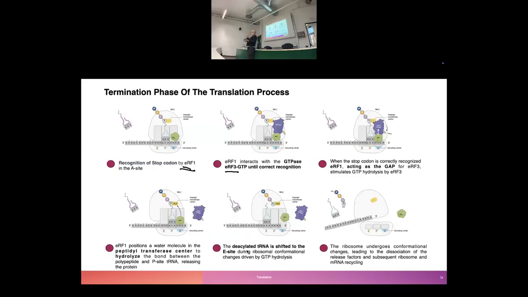has several roles. One, the specificity for the interaction with the stop signal.